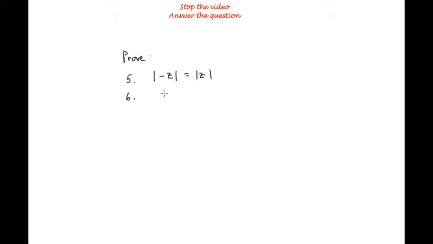And example 6, prove that the modulus of the conjugate of z is equal to the modulus of z. Now, could you stop the video and actively try and solve these questions? Right, let's have a look at these.